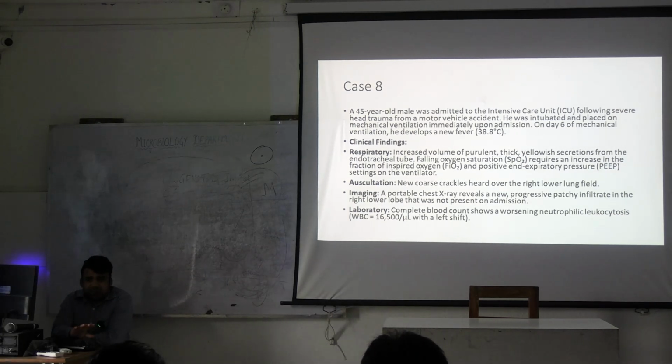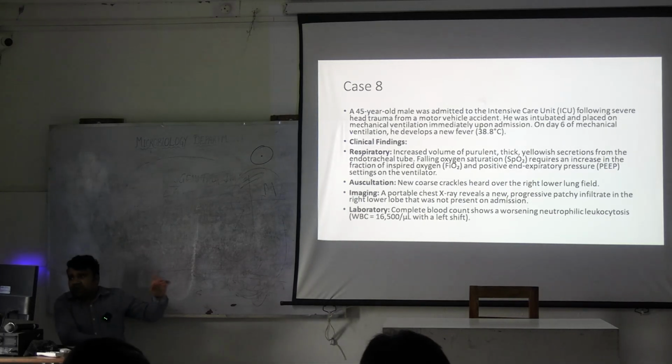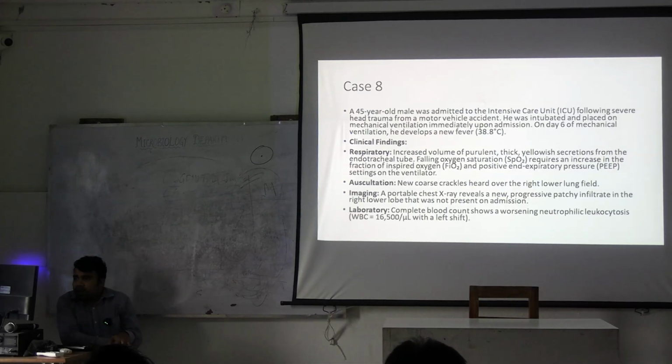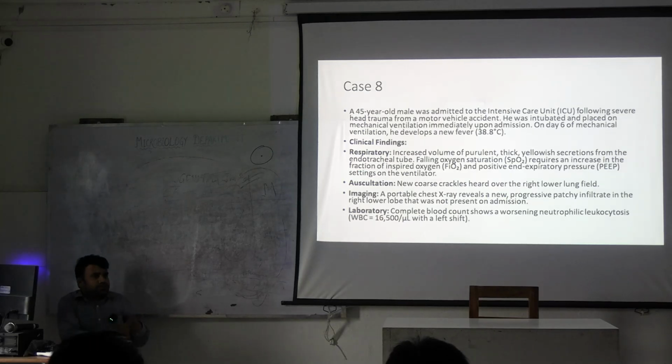Respiratory findings যেগুলো দেওয়া আছে সেগুলো বুঝতে পারবে না আমি জানি, তবু আমি বলে দিচ্ছি। ফার্স্টে দেখো কি বলছে, yellowish secretion on endotracheal tube. That means whatever secretion that was aspirated from the tube have turned yellowish, from clear mucoid to yellowish, then falling in oxygen saturation, means SpO2.